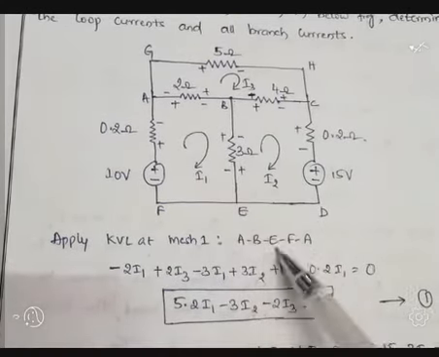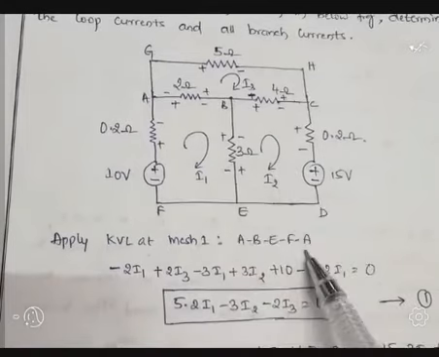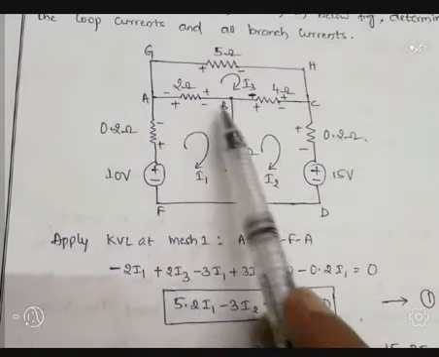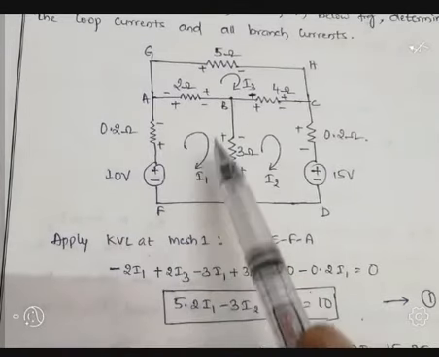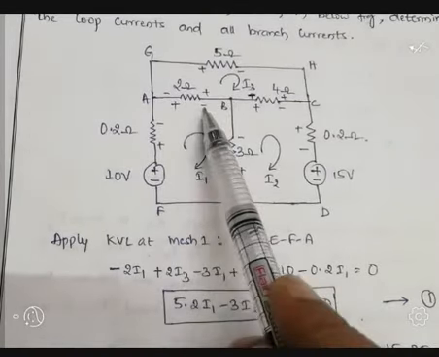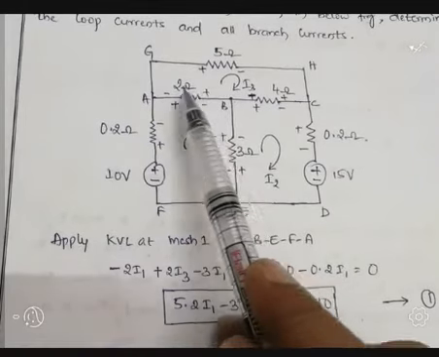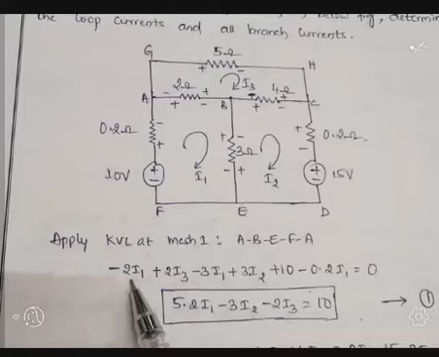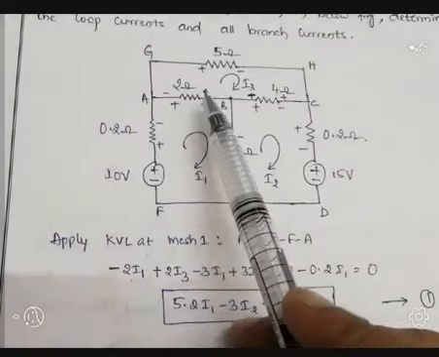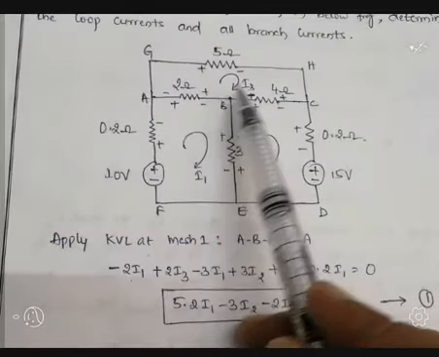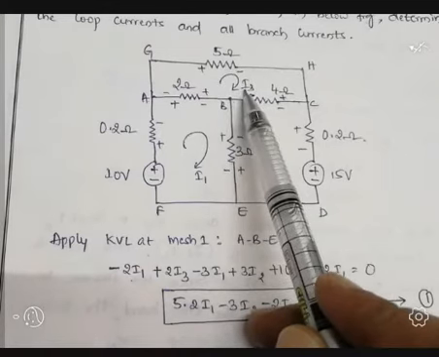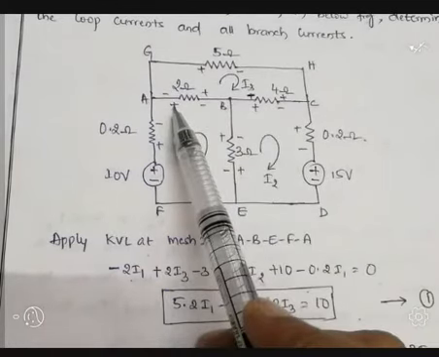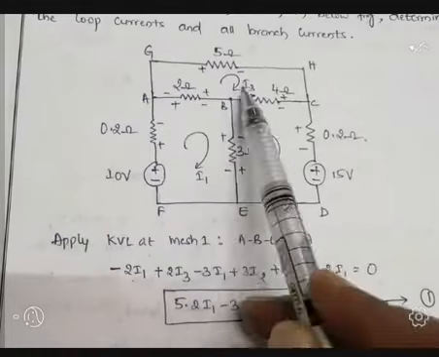First, in this branch, current I1 is flowing and the resistor value is 2. The head of the arrow mark is pointing towards negative polarity, hence it becomes minus 2I1. In the same branch, one more current is flowing, that is I3. The head of the arrow mark of I3 is pointing towards plus, because of that reason, plus 2I3.